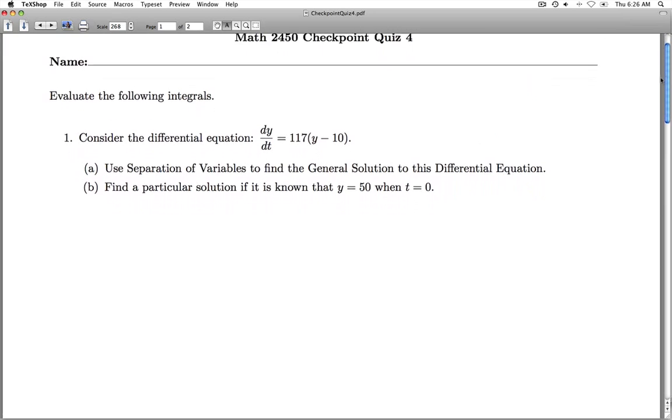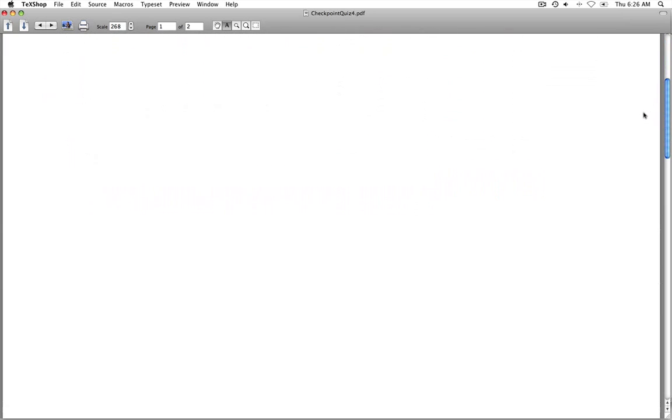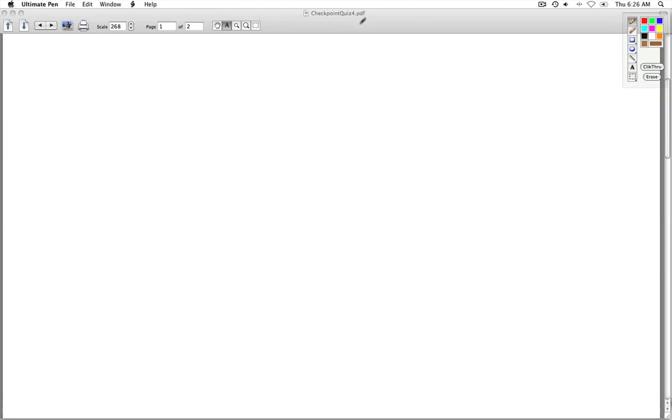So, dy/dt is 11/7 (y - 10). So we can rewrite that as dy equals 11/7 (y - 10) dt.